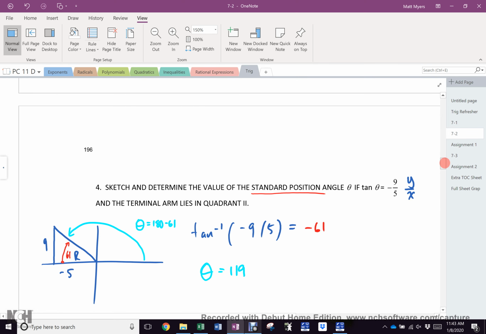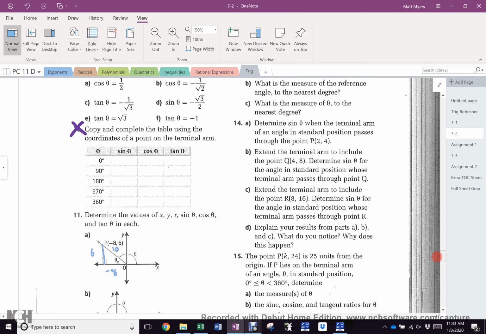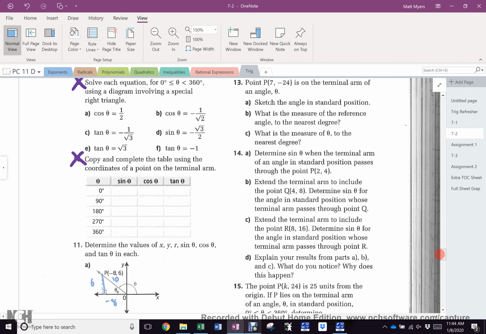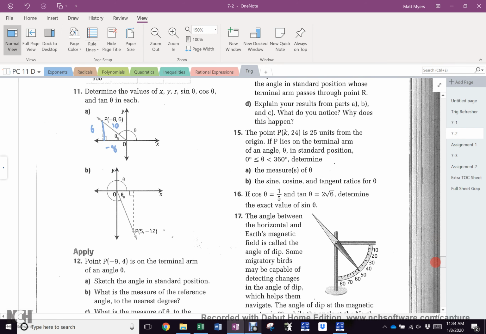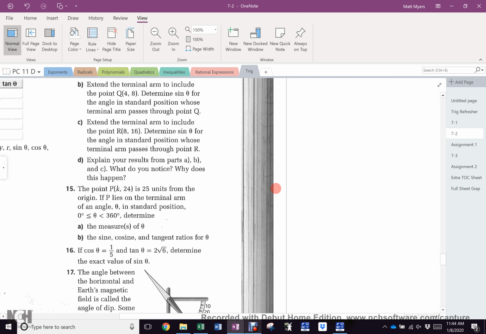Is there any ones that anybody wants me to do that you didn't, and you're like a little, ooh, I don't know? 15? Yeah, sure. So 15, point K, 24. So I don't have the X value, yes? But I have the Y value, it's 24, right? And it's 25 units from the origin.